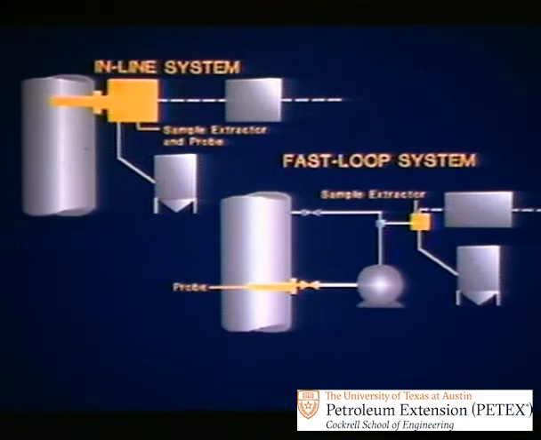The main difference between the two systems is that in the inline system, the probe and extractor are combined and inserted directly into the pipeline. In the fast loop system, the probe and extractor are separate so that the extractor grabs the sample from the fast loop.